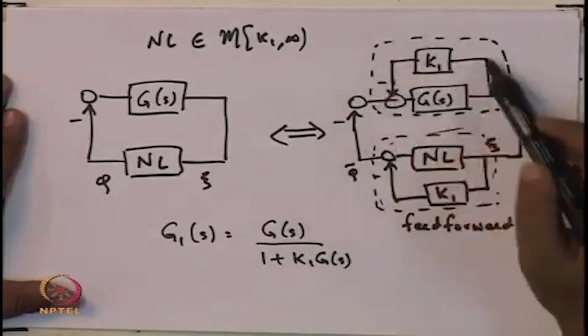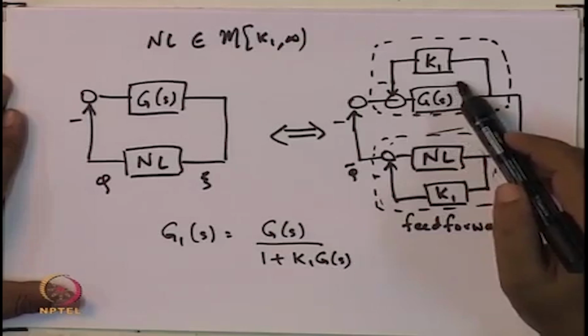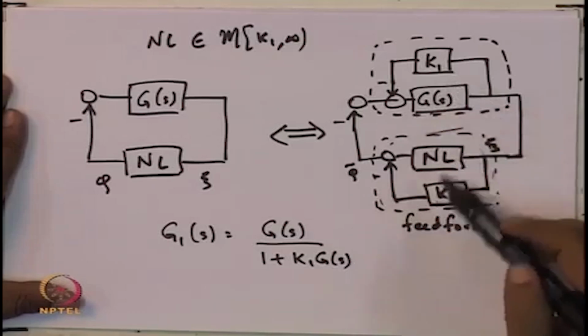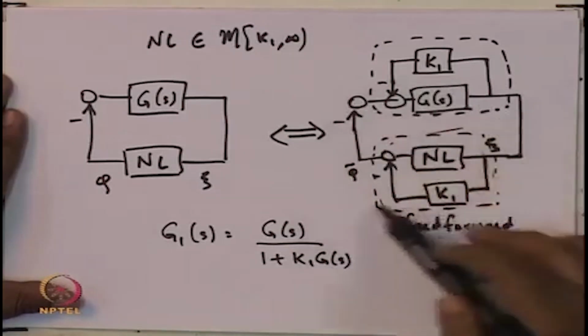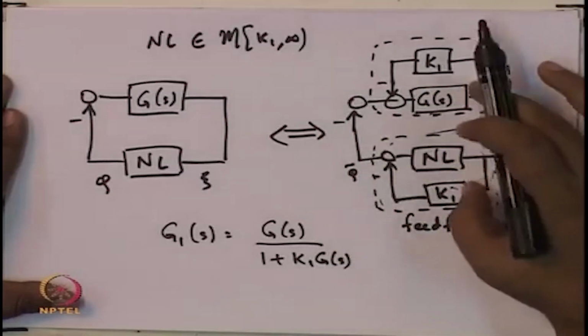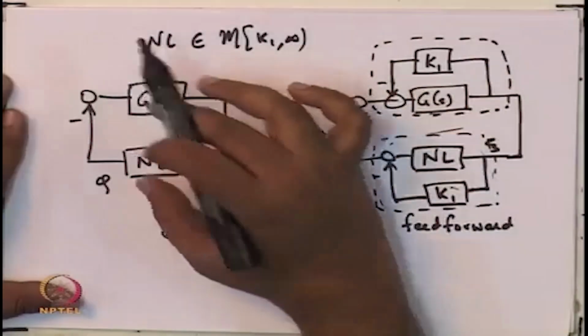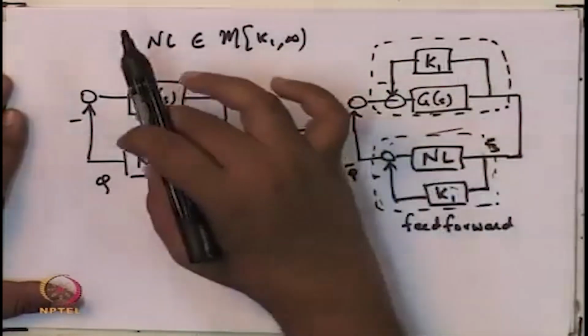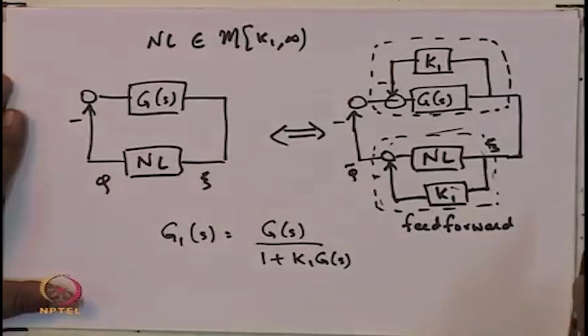if this is strictly positive real and stable, then that along with this resulting system is asymptotically stable. But since this system is equivalent to this system, that's the same as saying that this system is asymptotically stable.